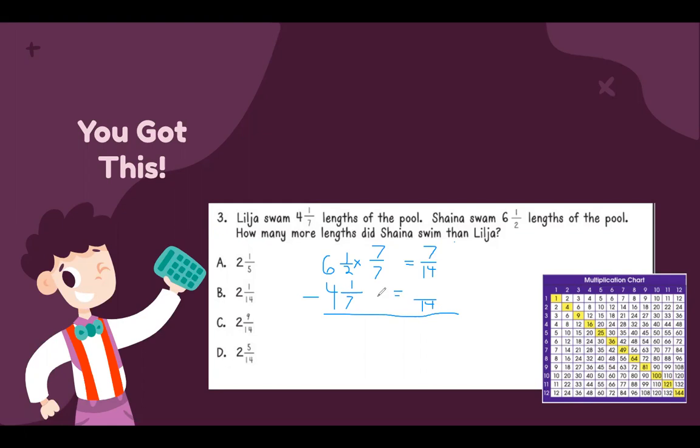What times 7 is going to give you 14? 2 halves. 2 times 1 is 2. 7/14 minus 2/14 equals 5/14. 6 minus 4 is 2. So you just bump that over here, and our answer is 2 5/14. You don't need to simplify that because it cannot be simplified. The answer is letter D.